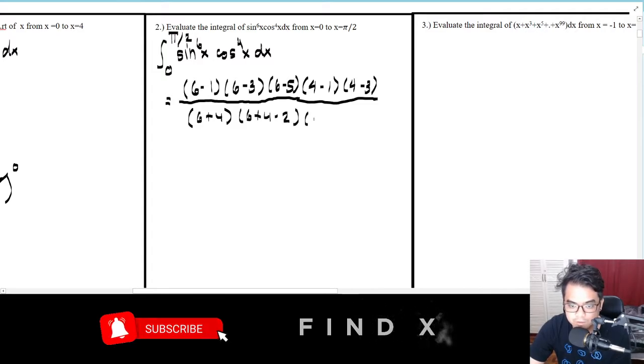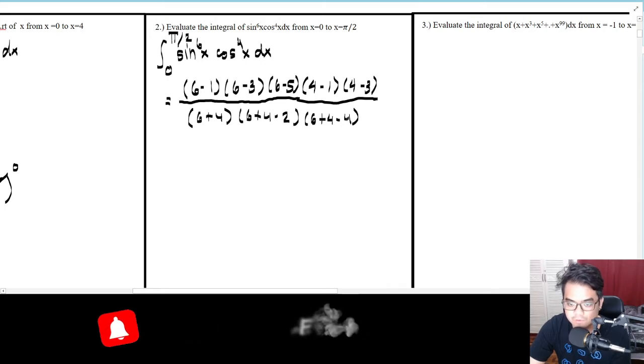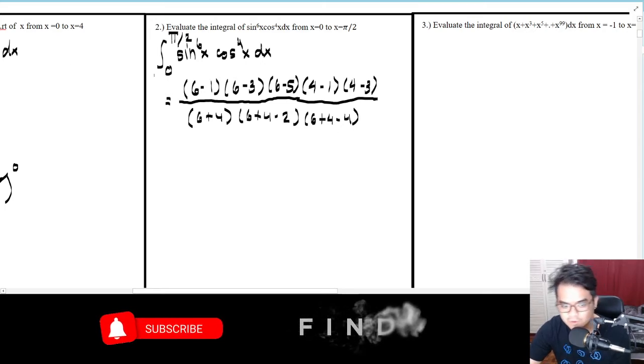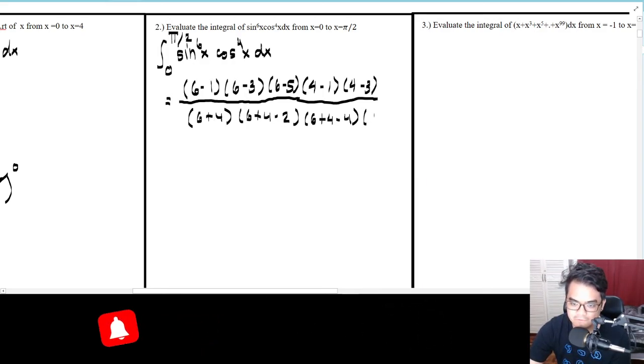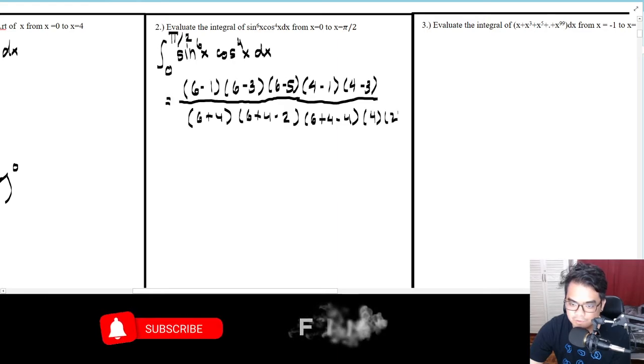Minus 2, and then 6 plus 4 minus 4. So this is quite long, and this is already 10, 8, and then this is 6, right? And then you'll have here 4 up to 2.